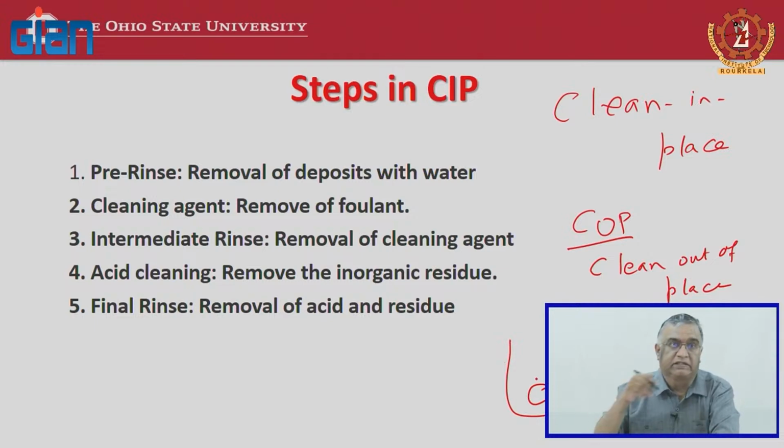You wash the container, then put them back, assemble them, and have it ready. That is the example of clean out of place. So, you have to dismantle a lot of these small parts of the equipment, clean them outside, and then assemble them and put them back.